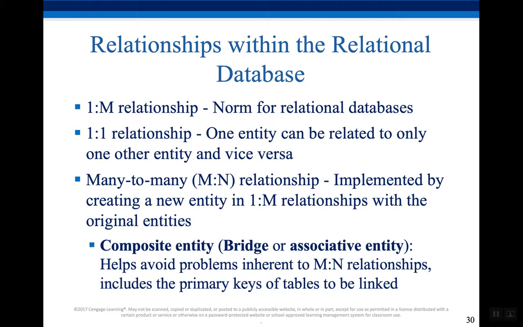And then you can have a many-to-many. You can also see composite entities, bridge, and associative entities. You don't see a lot of that, but you do see these. One-to-many is really the backbone; we will see lots and lots of this. One-to-one and many-to-many, there will be scenarios where we'll see those as well.